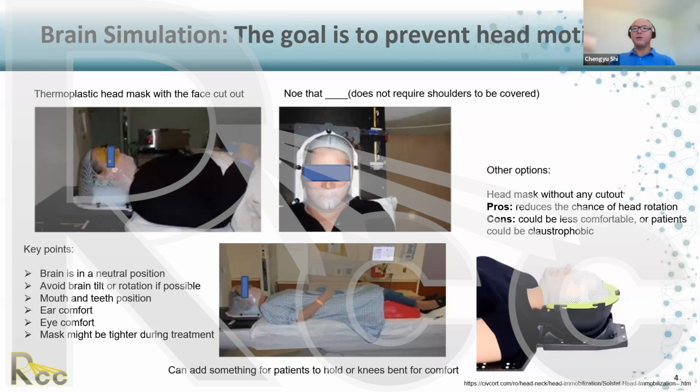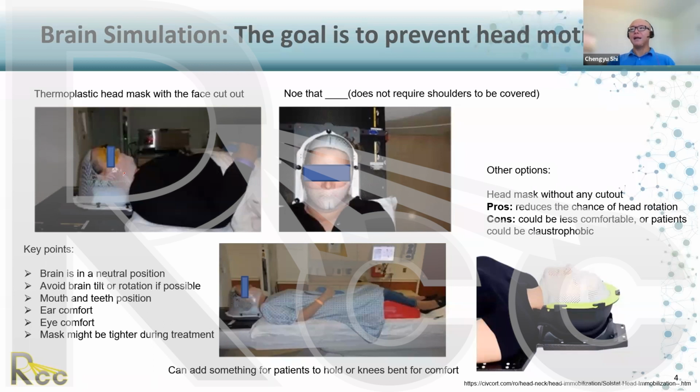The reason for using this one is because some centers use surface imaging guidance called VMAT or CRAD or Identify, so that the camera can see the patient's face movement. If it is all covered by the plastic mask, then you cannot tell whether the patient moves or not.